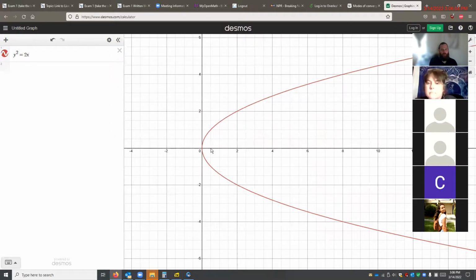Here's that parabola, y squared equals 2x. Here's the ordered pair 1, 4. And I'm looking for the point on this curve so that the distance from 1, 4 to that point is as small as possible. Here's the point 2, 2.